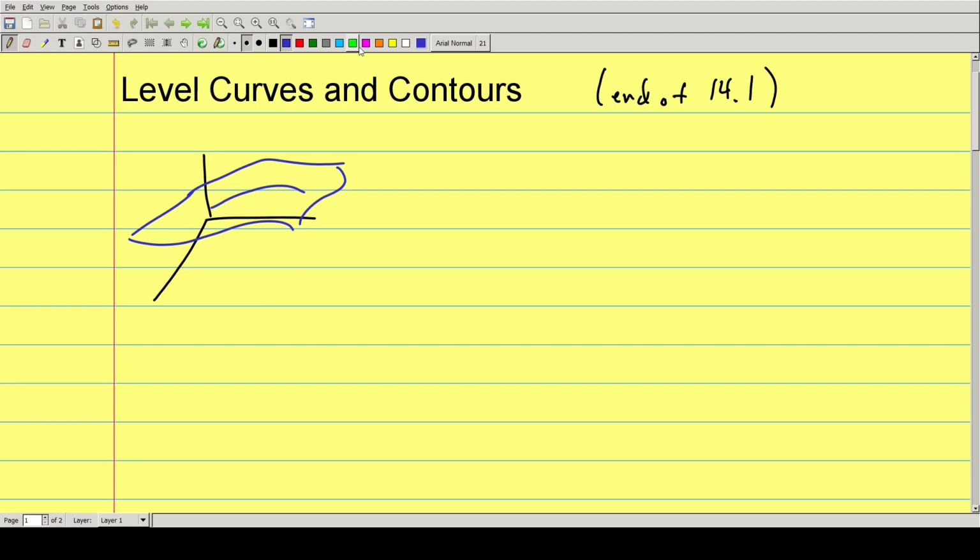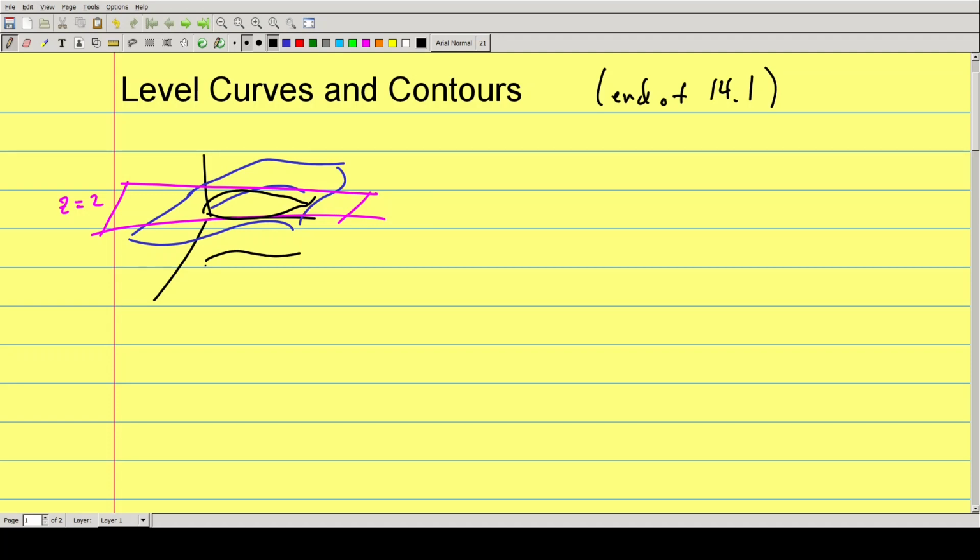But we have some kind of surface that is suspended above our domain here. And if I choose some height, say z equals 2, and then use a plane to slice through the surface, what's going to happen is there's going to be some curve that is generated as a result of me slicing through the surface at that point. Okay?